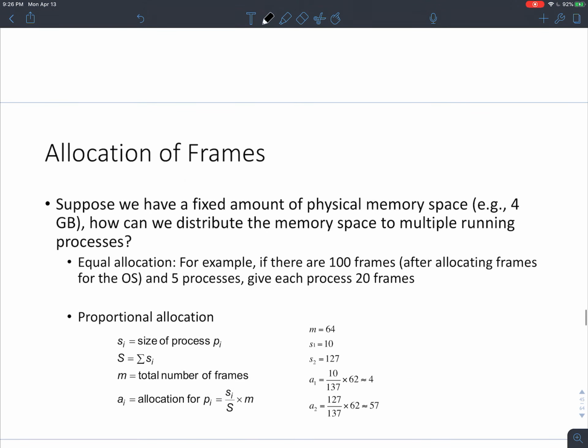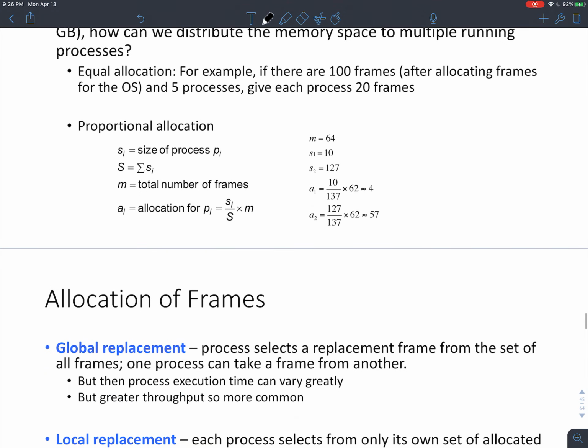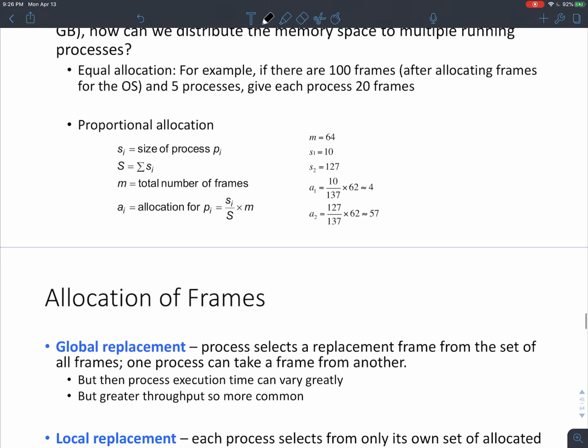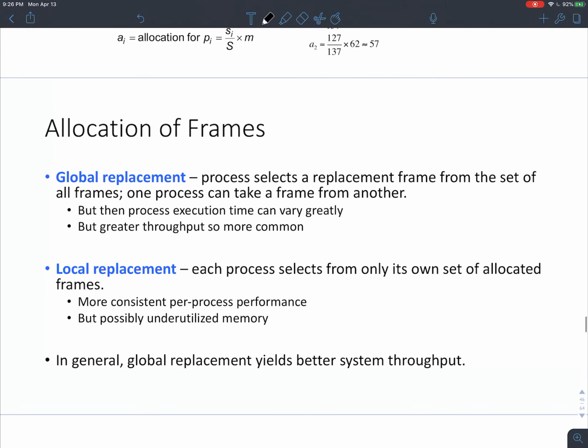The other way is called proportional allocation, meaning that if the virtual memory space of a process is relatively large, then we allocate more frames to that process. So it's like everybody gets the same ratio of virtual memory loaded into the physical memory.